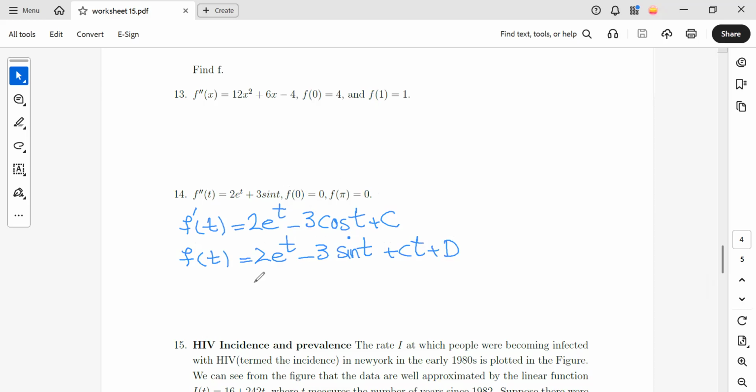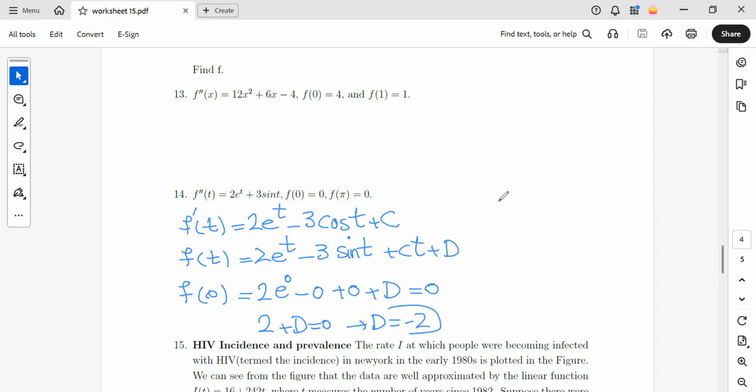Now, using two initial amounts here, we know that f of 0 is going to be 2e to 0 minus 0 because sine of 0 is 0, plus 0 because t is 0, plus d, and it will be 0 based on the question. So we would find that 2 plus d is 0, so d is -2 here. Also, the question says f of pi is 0.